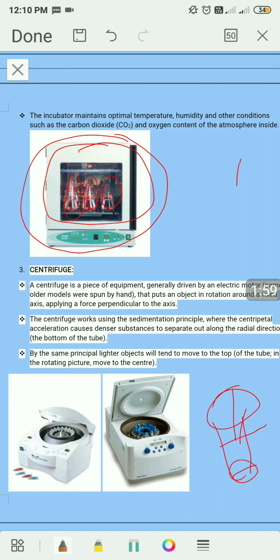Hard materials will be sedimented here, and light materials will be floating, where the centripetal acceleration causes dense substances to separate along the radial direction to the bottom of the tube. By the same principle, lighter objects will tend to move to the top. As I said, the light will move to the top and the hard one will settle down.